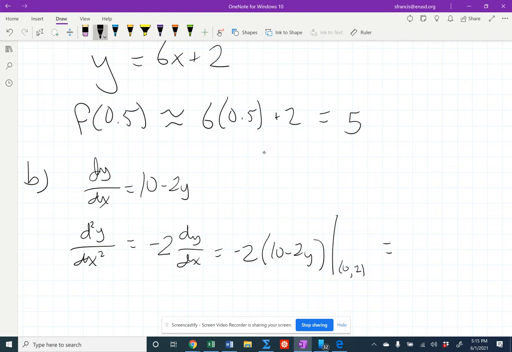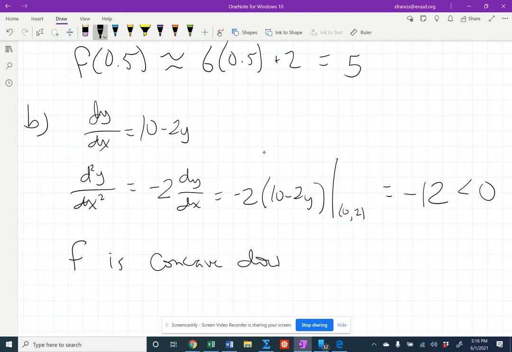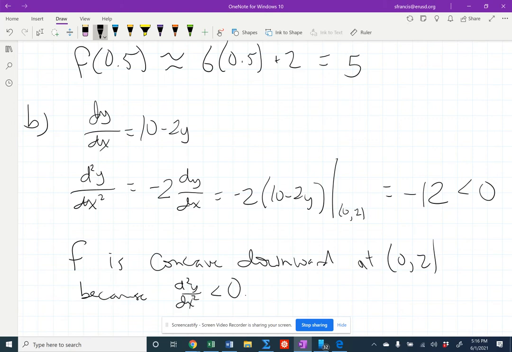Then I'm going to plug 2 in to get 6, so negative 12. And since this is less than 0, f is concave downward at 0, 2, because the second derivative of y with respect to x is less than 0.